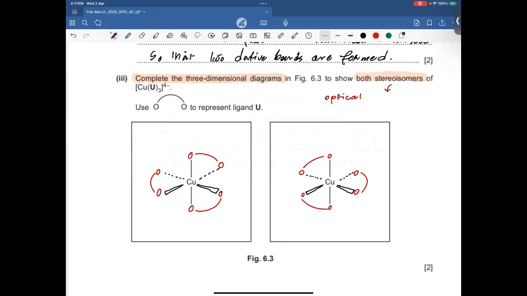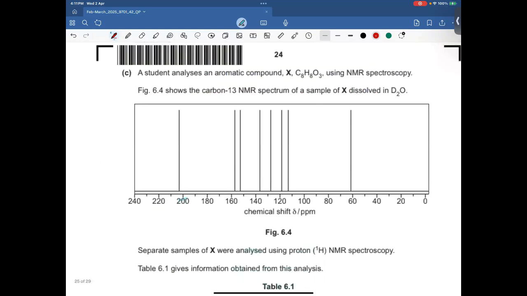That's what we discussed in class and what you have written in the lecture. Whenever we have three bidentate ligands, the isomerism is going to be optical and both structures are mirror images of each other. Let's move on to the next part.